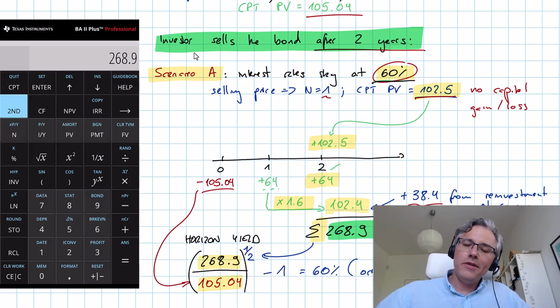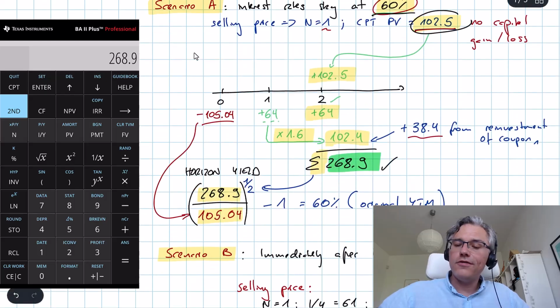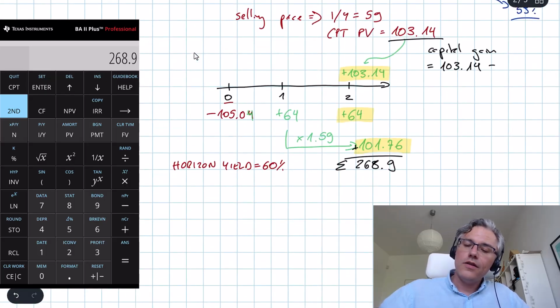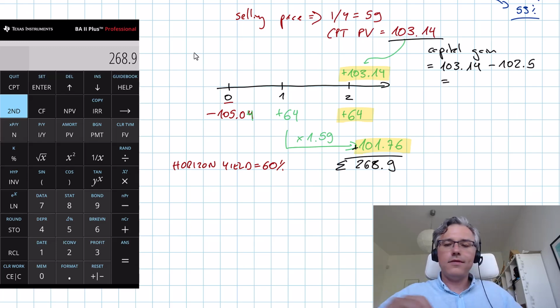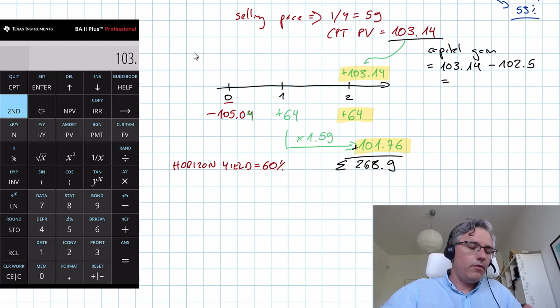And if that had been the case, we would have sold it for 102.5. So 103.14 minus 102.5. Okay, well, we generated a bit of a gain over here.